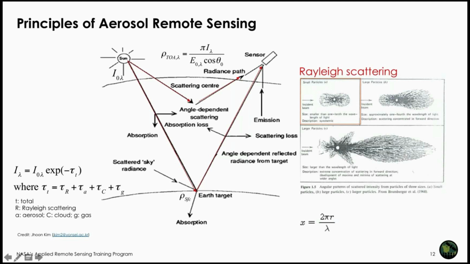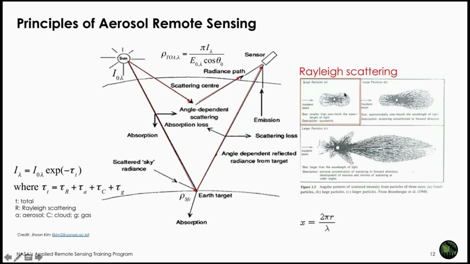Rayleigh scattering shows a symmetric distribution between forward and backward scattering. So this scattering characteristic is very well known, and we can get the Rayleigh scattering information from calculation. But aerosols show Mie scattering characteristics. Mie scattering has very high forward scattering compared to Rayleigh scattering.